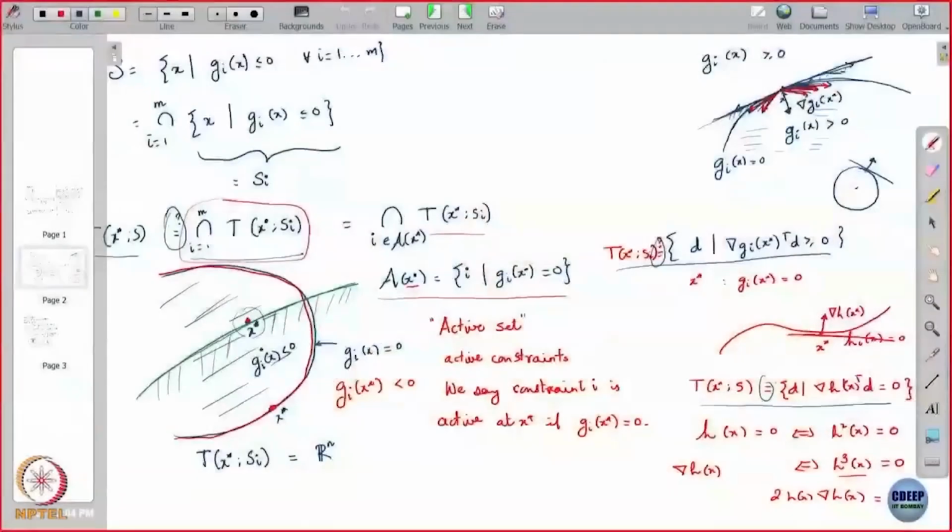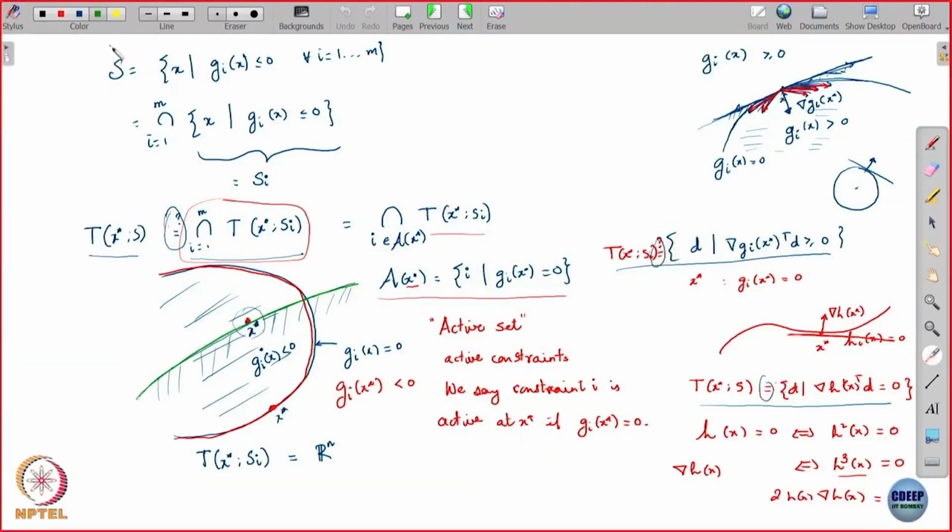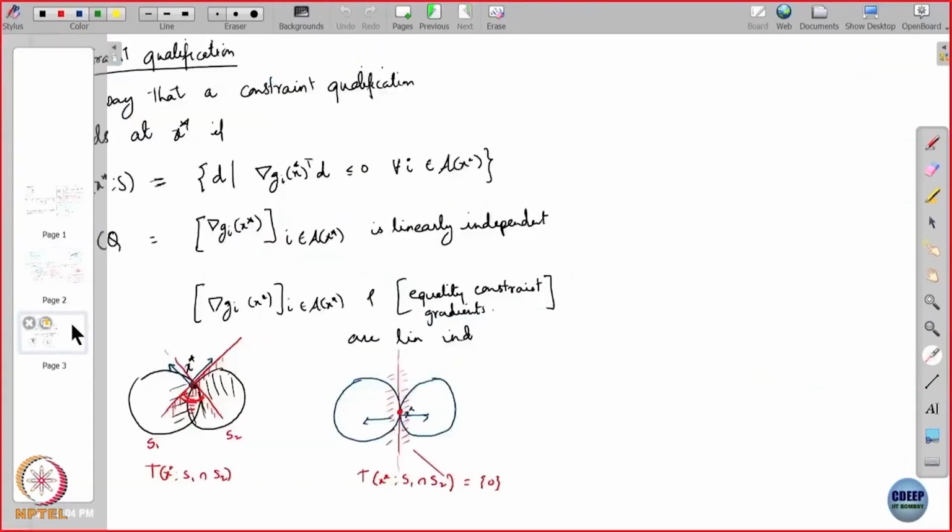So both of these gaps, the first one being ensuring that there is equality in these two places, and the second one ensuring that there is equality here, are plugged once we have linear independence. And more generally any other constraint qualification. A constraint qualification ensures that you have equality throughout here.